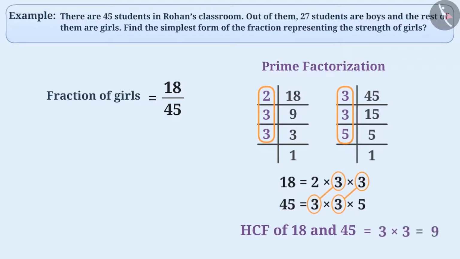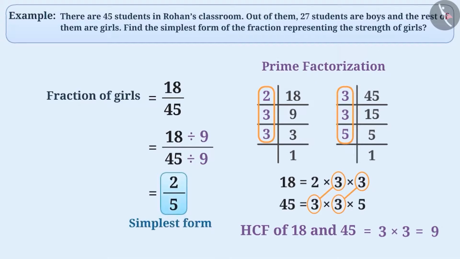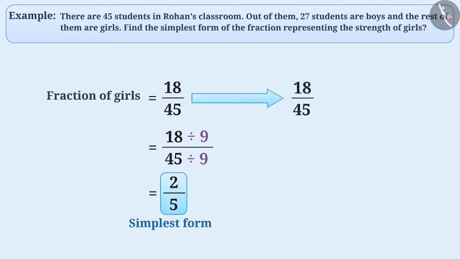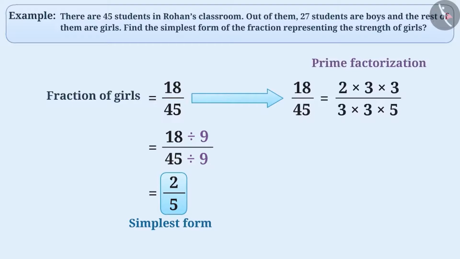Therefore, HCF will be 9. Then, we will divide the numerator and the denominator of 18 by 45 by HCF 9. By doing so, we will get the simplest form of the fraction, 2 by 5. To derive the simplest form, we can represent the numerator and the denominator in their prime factors and cancel the common factors of the numerator and denominator.